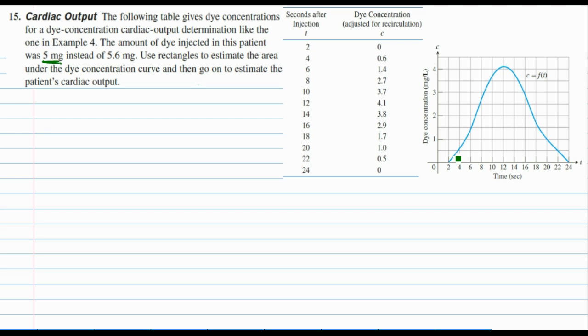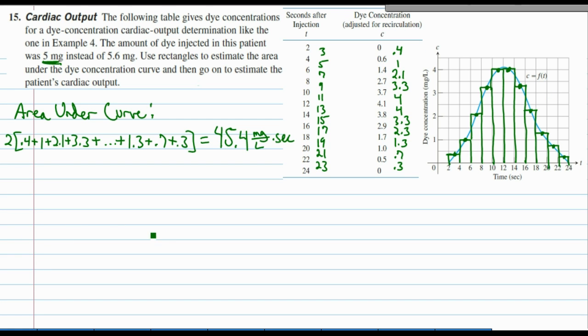So at about 3, the height looks to be, I don't know, 0.4 maybe. At 5, the height looks to be almost exactly 1. Of course, your estimates may be different than mine, which means in this type of problem, your answers are going to be different than the solution manual. But I am going to make pretty close estimates using this graph.